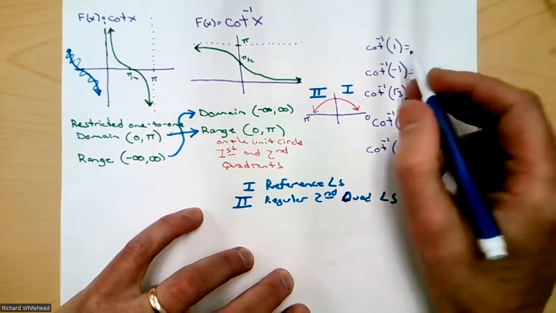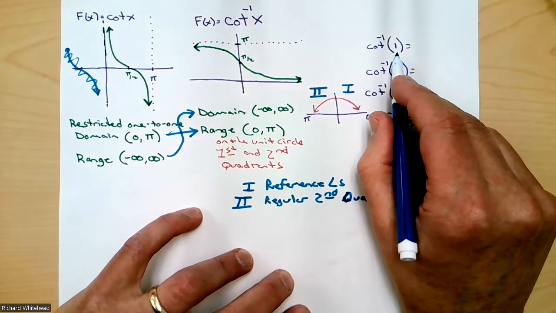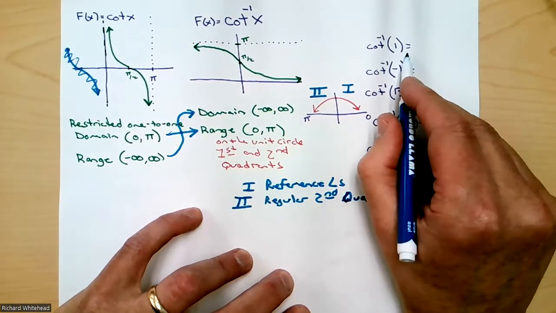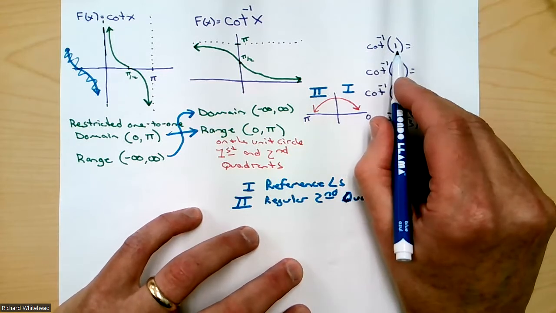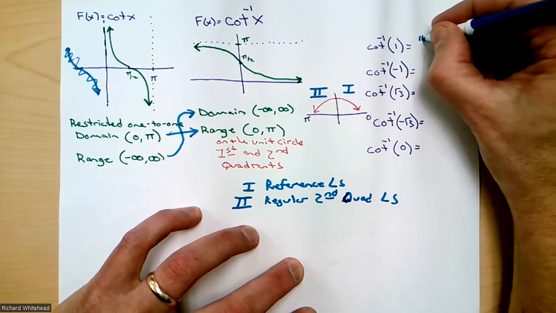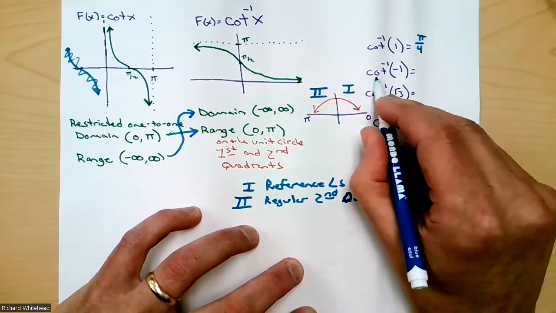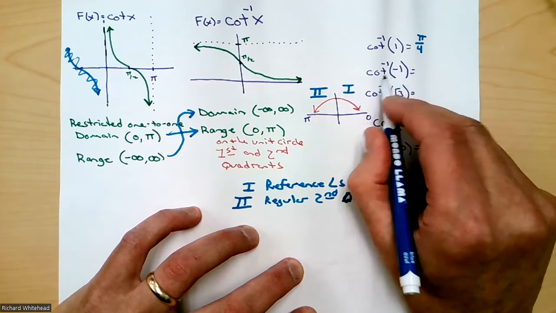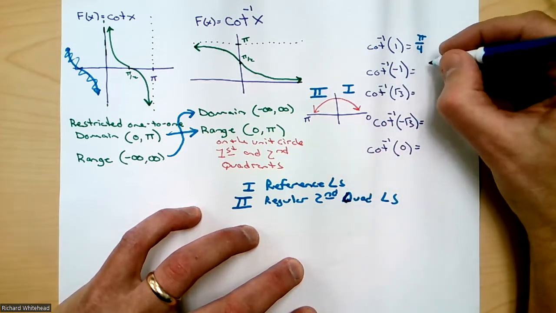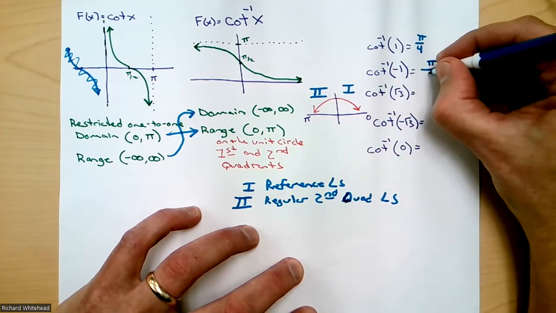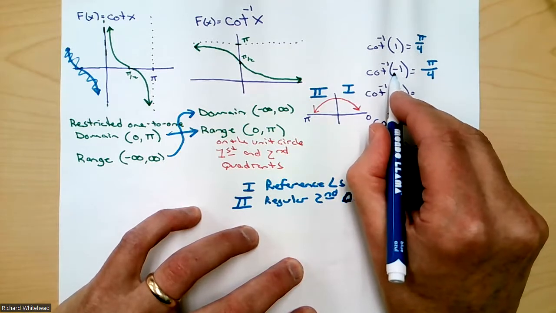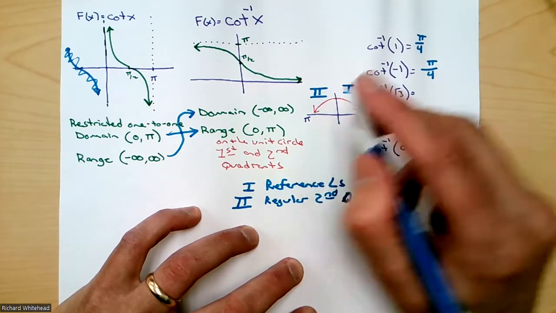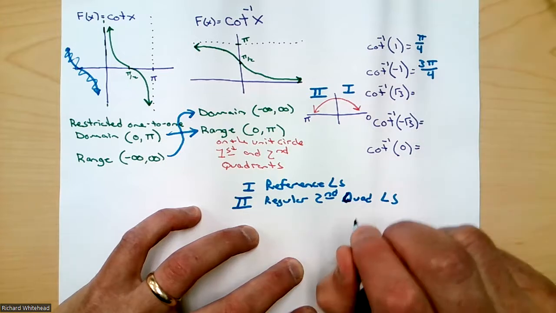Okay. So then we look at it and say, all right, when I see a question like this, I read it. It's an inverse problem. So I say, what angle has a cotan of 1? Oh, unit circle, that's pi over 4. What angle has a cotan of -1? Well, when cotan gets a 1 or a -1, we know the reference angle is pi over 4, but oh no, it's negative, and cotan inverse of a negative is in the second quadrant, which is just 3 pi over 4.